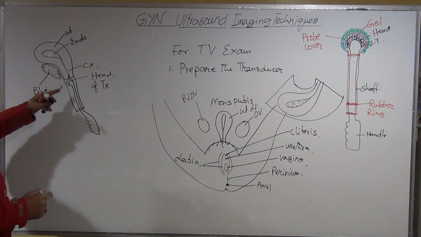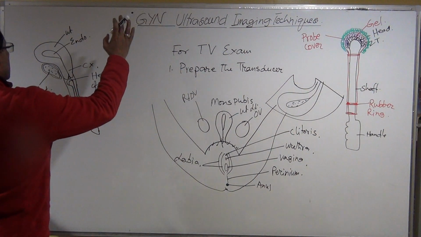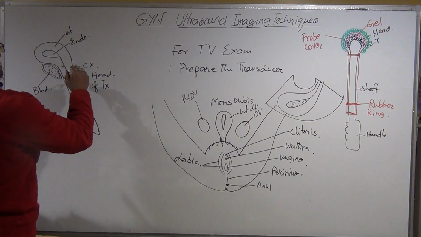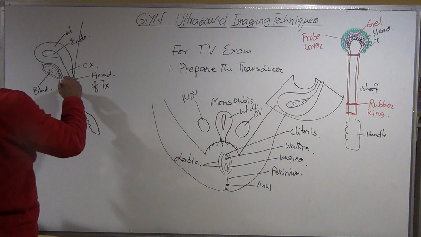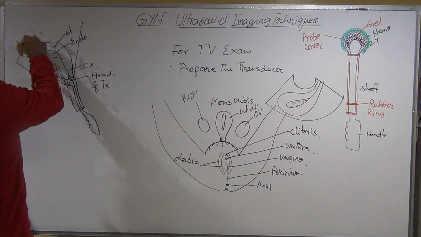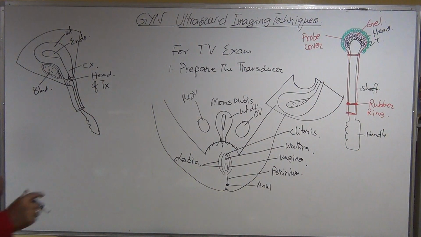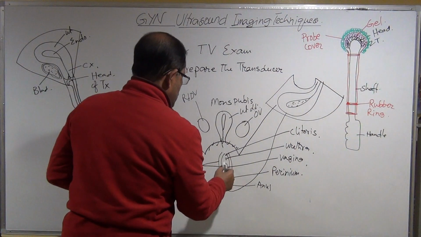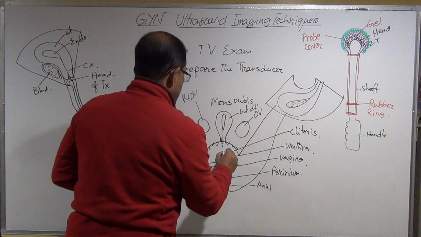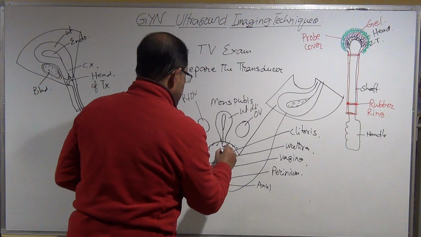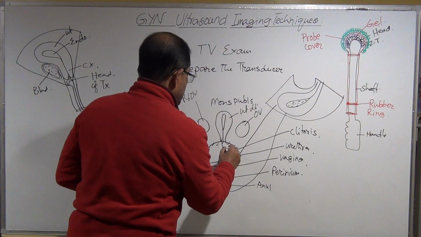So when the beam is going towards the uterus, the beam will go like this. That means the transducer is inside. So this is inside here. This is the head of the transducer.